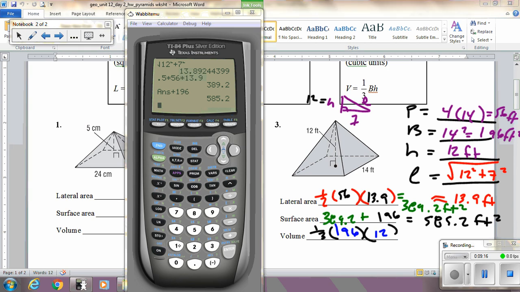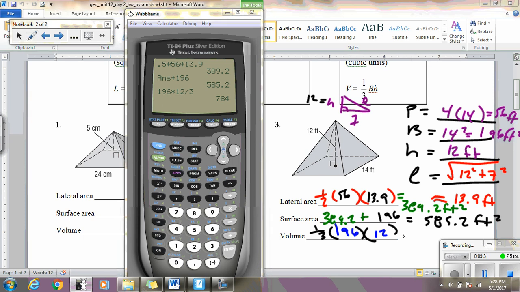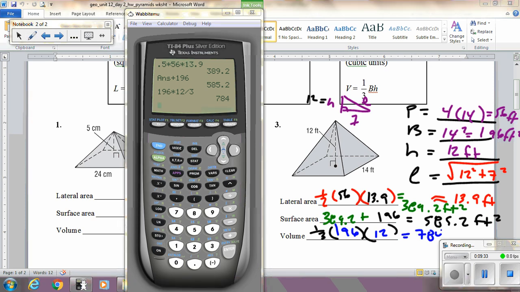So another way of doing it is 196 times 12 divided by 3. And you get 784. So 784 feet cubed is the volume for this pyramid.